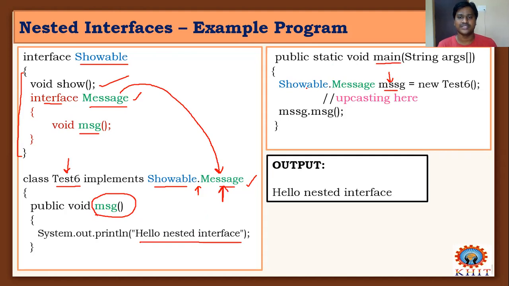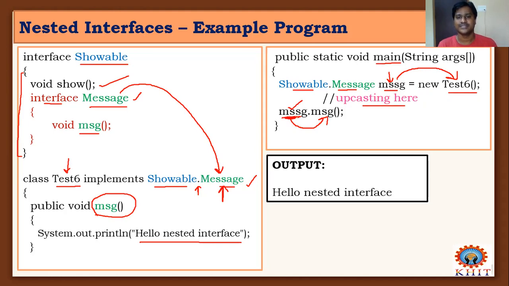Showable.Message, outer interface name dot inner interface name, equal to the new operator, assigning this reference variable to the instance of the Test6 class, that is nothing but an object. So this is called the upcasting concept. And I am invoking that method msg defined in the Test6 class through this interface reference variable. This is the topic we learned in the first topic of this video.